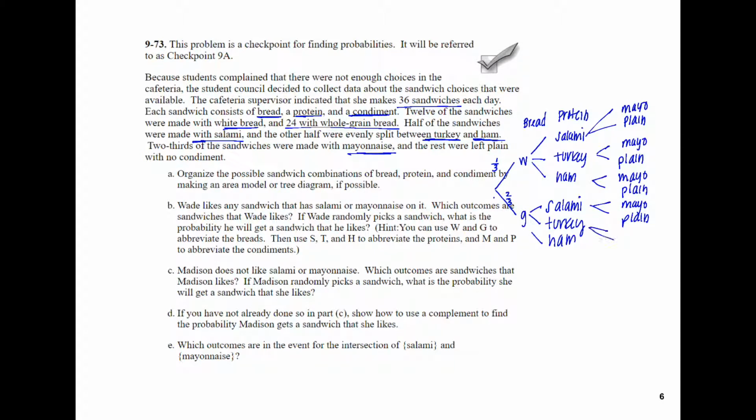So this is a tree diagram. If you're more comfortable with the area diagram, you're more than welcome to use that.